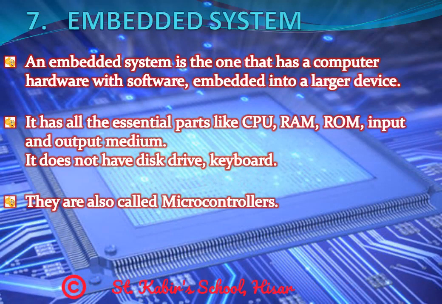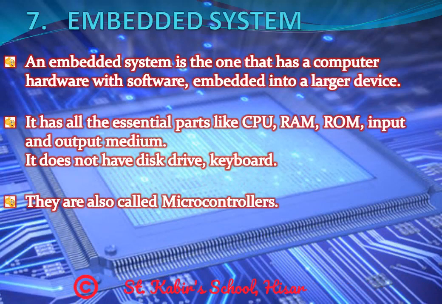Now when we take an example of embedded system, that embedded system we can only use for a specific purpose. That means if I want to use an embedded system for washing my clothes, I cannot use the same embedded system for cooking. So can you guess a type of embedded system which will help you to wash your clothes?